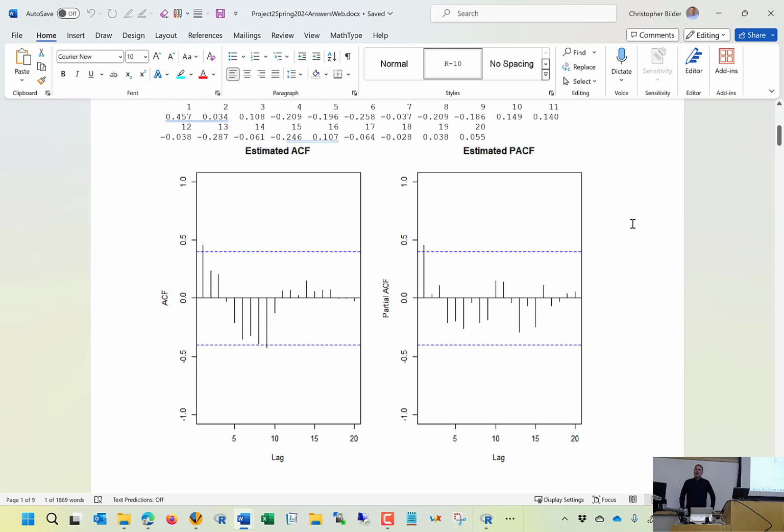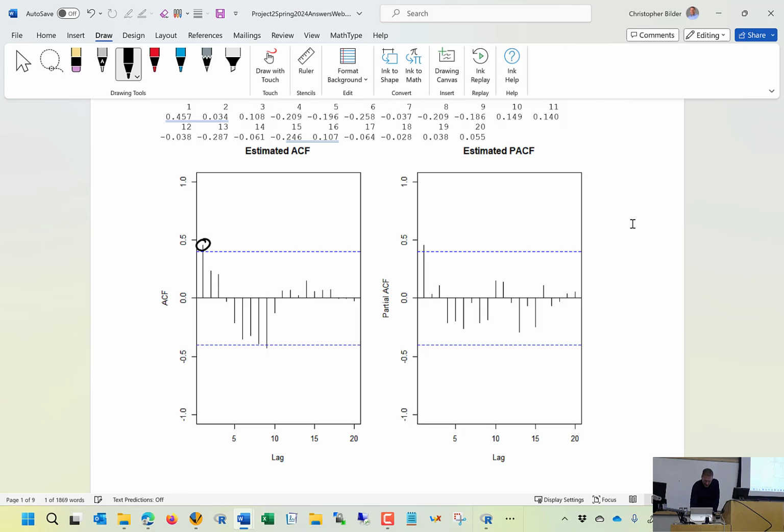And so here are those corresponding plots. We see that we have a significant value here, a significant value there, although it is somewhat borderline still. Okay? So we need to figure out what a value of P should be, what a value of Q should be. One potential way to look at this is as follows.